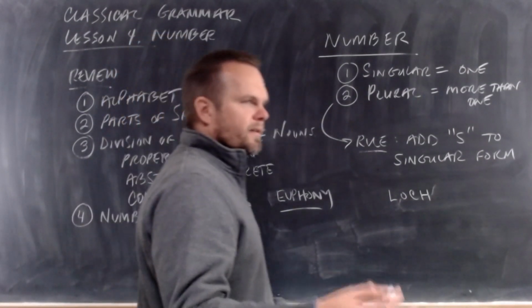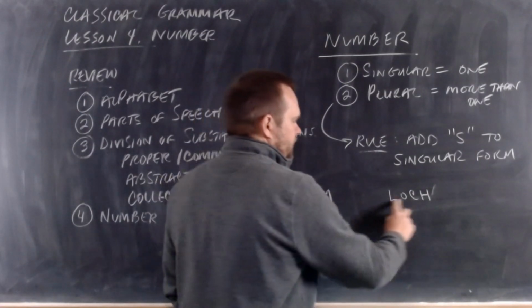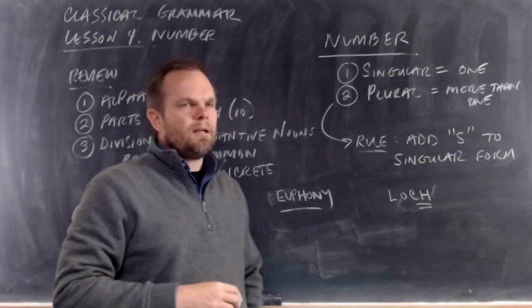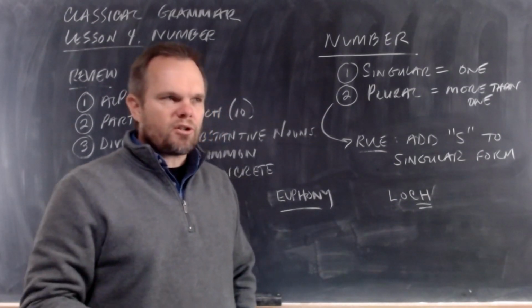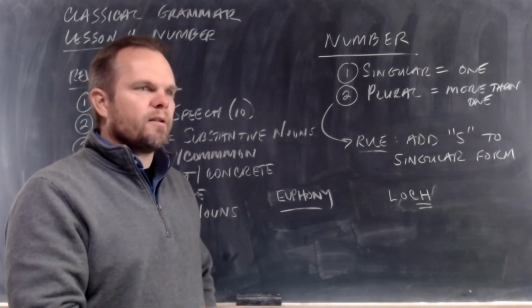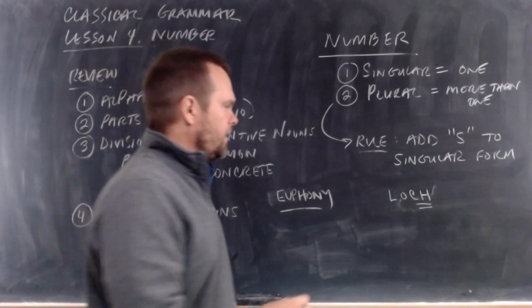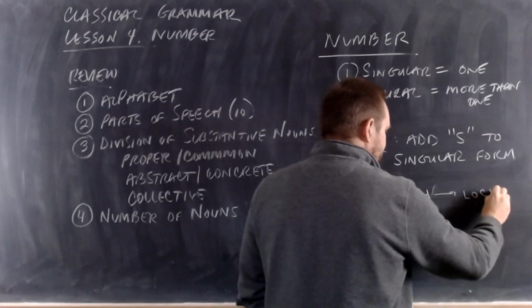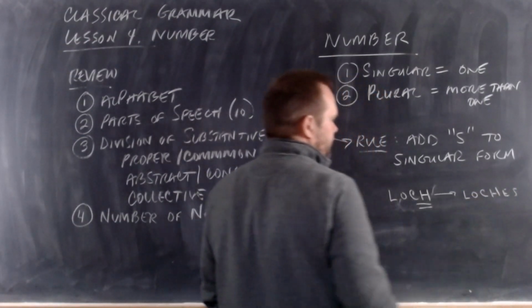It's Loch Ness. Because this word ends in CH, but it's not pronounced like CH in church. It's pronounced hard like a K. The plural form is not made by adding ES. That's not right.